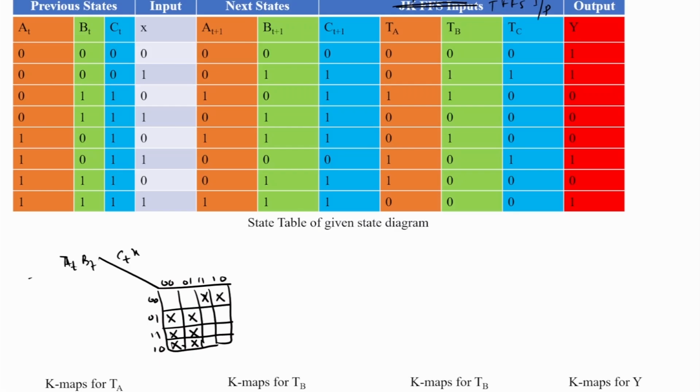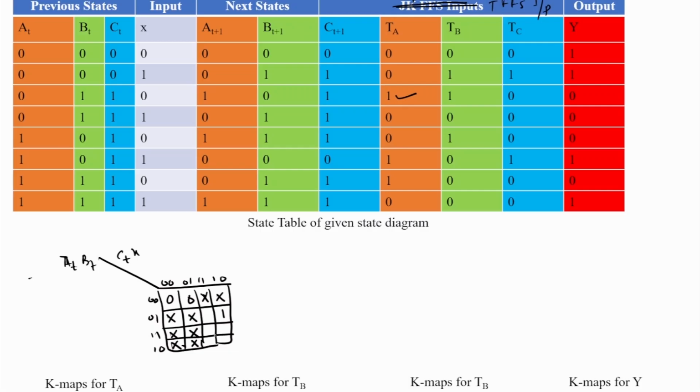Don't care, and for the rest, TA is given as follows. In the combination 0000, that is 0, and 0001, that is 0. Similarly in the combination 0110, the value of TA is 1.